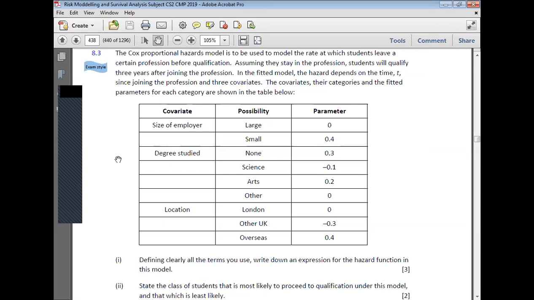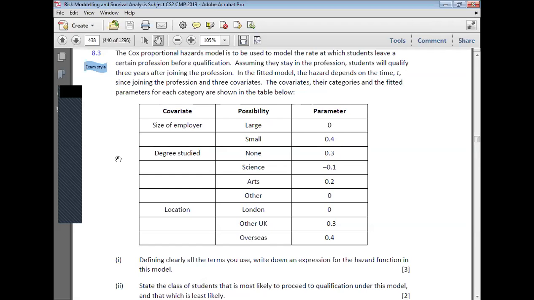Exactly right. Very good, Mihir. So the hazard is that students might leave the profession even before they qualify, right? Now if they're asking us to state the class of students that is most likely to proceed to qualification, what we want to see is which one of these will have the minimum hazard rate.